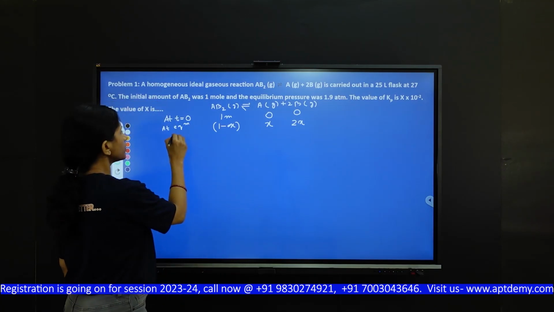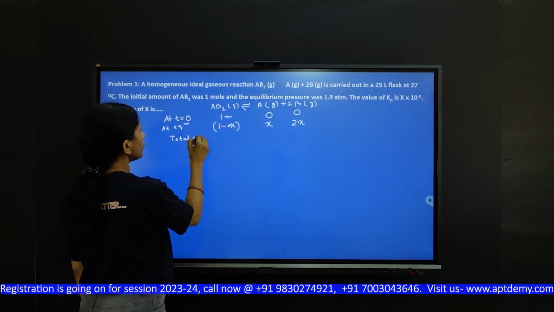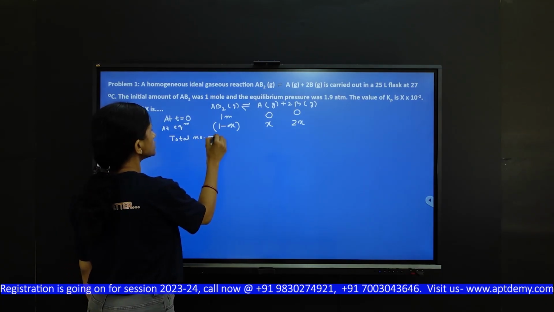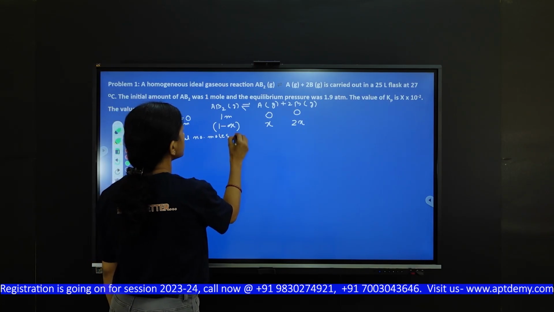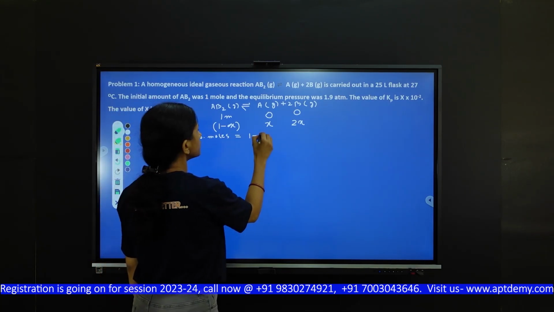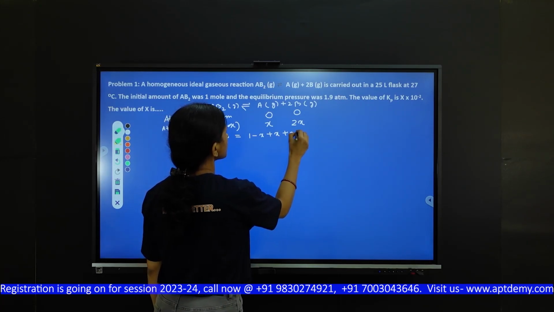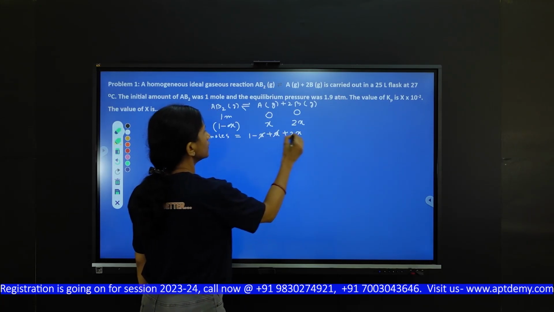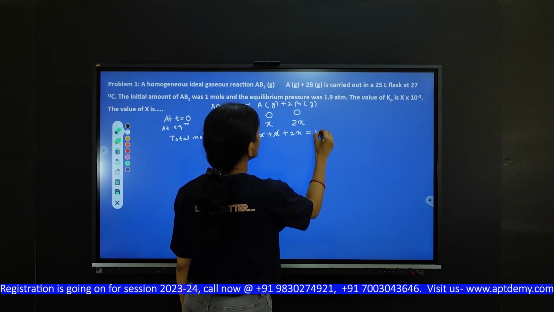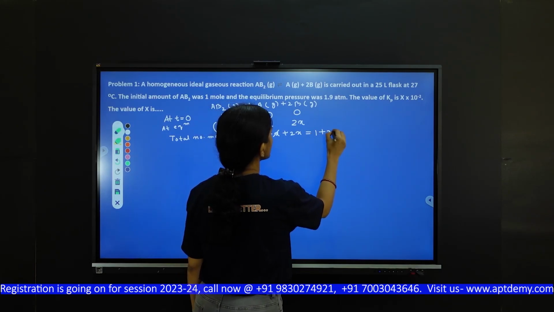So now from here we can write down the total number of moles as 1 minus x plus 2x, which gives the total number of moles as 1 plus 2x.